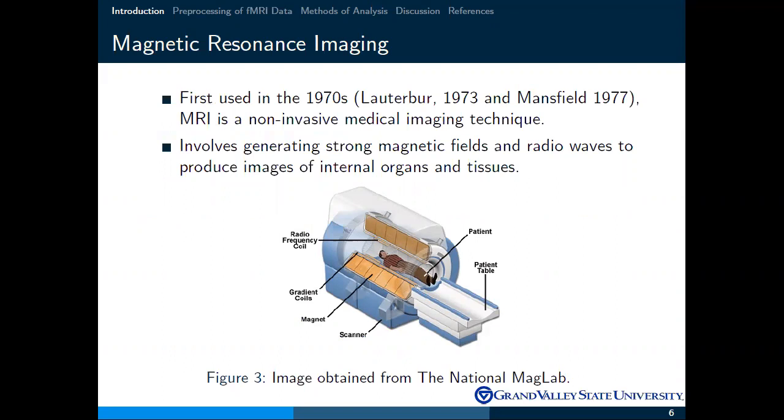It's not required that you inject any substance into the bloodstream, although that can be done to improve the quality of the image. It's not necessary, and it doesn't use X-rays, which can have harmful effects if repeatedly done across time. So there's no known long-term side effects of repeated MRIs. So this is a huge benefit in that it can still produce a very detailed image without harming the patient.